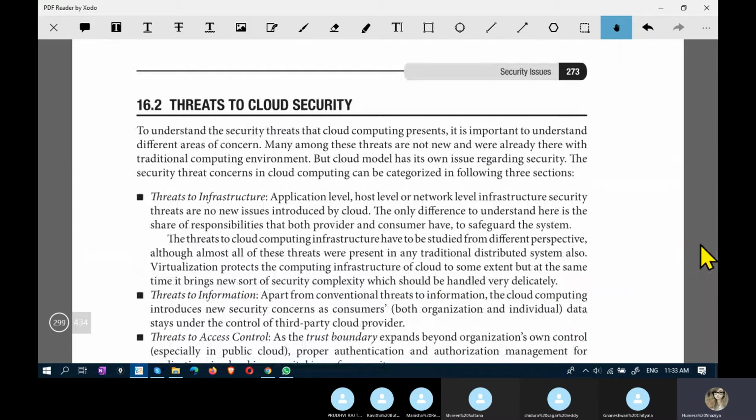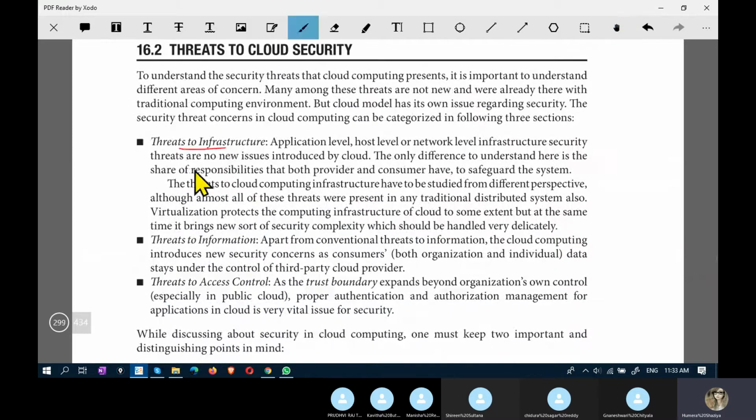What are the threats to cloud security? There are threats to infrastructure, threats to information, threats to access control. Threats to infrastructure occur at three levels: application level, host level, network level. Threat to information occurs at the data level. And threats to access control are about giving permissions so that the intended user gets the copy and not the one who does not have permission to access.